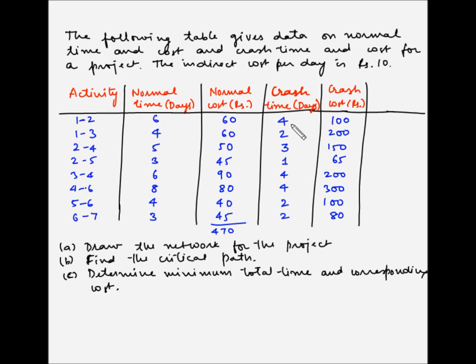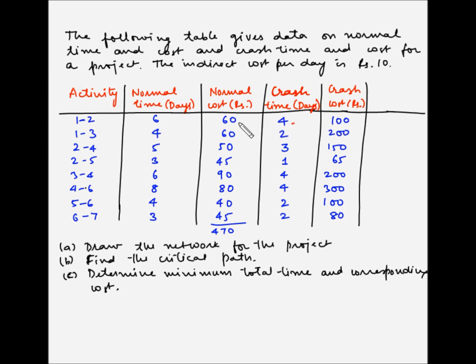And we have also been given the minimum time required for completion of the activity after crashing the activity. So for example, the first activity 1 to 2 will take 4 days for completion after crashing. Now after crashing, the cost has increased.